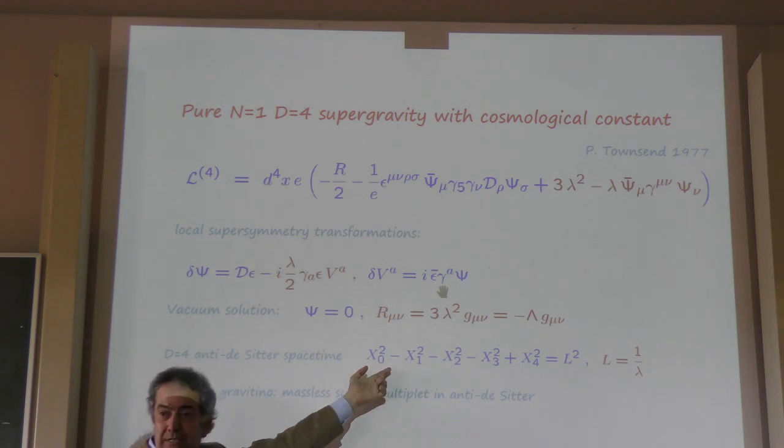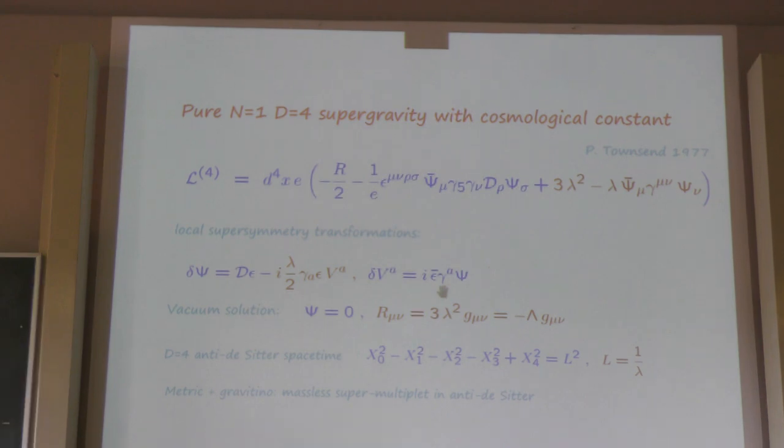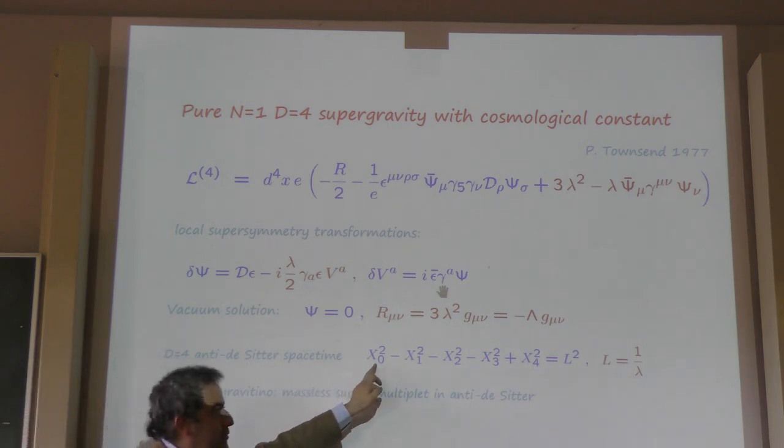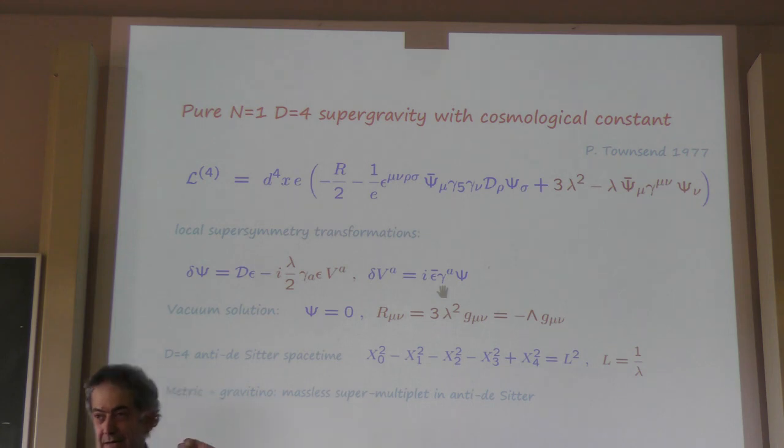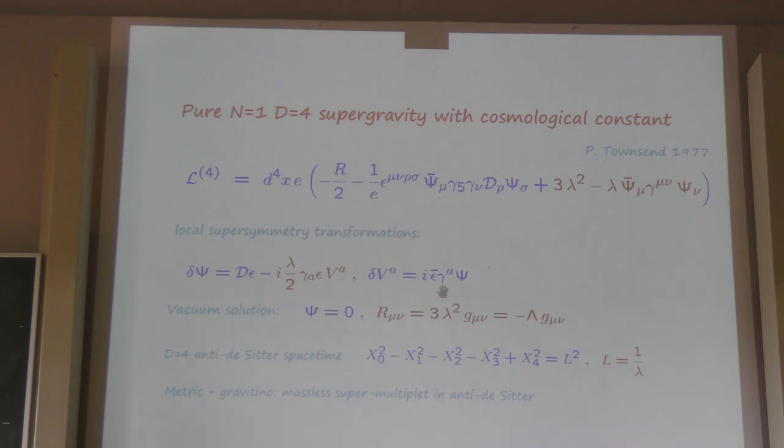It's a locus of points satisfying this equation in a five-dimensional flat space, with a metric with these signatures, 2 pluses and 3 minuses. If you write it like this, you immediately see what the isometry group is. It's SO(2,3), anti-de Sitter.